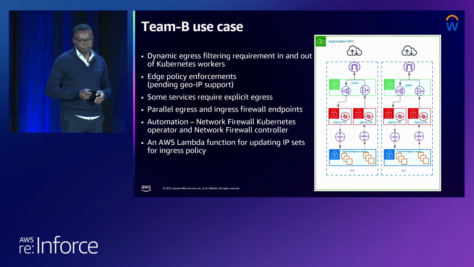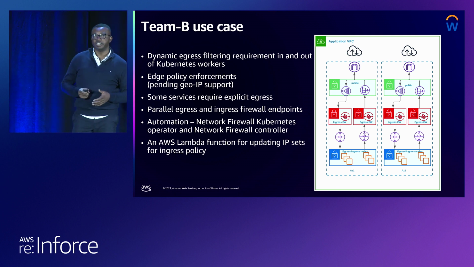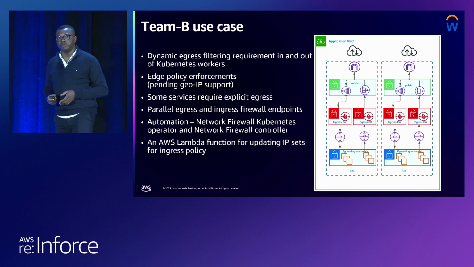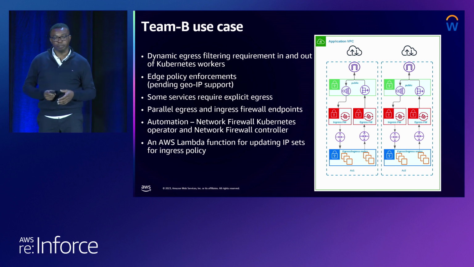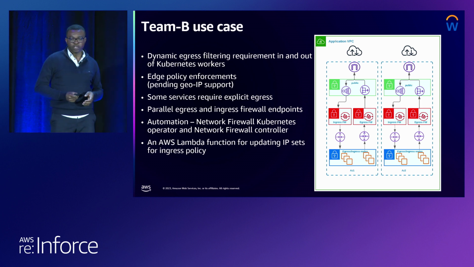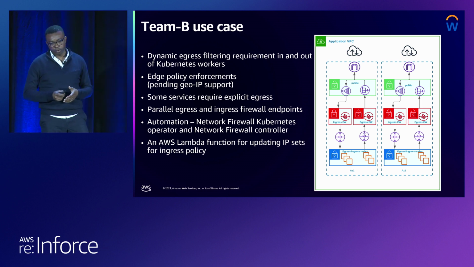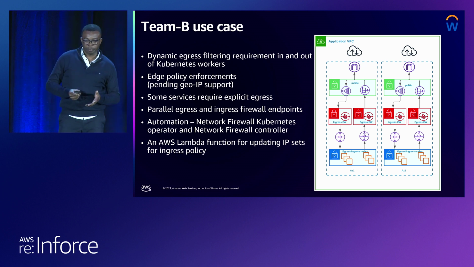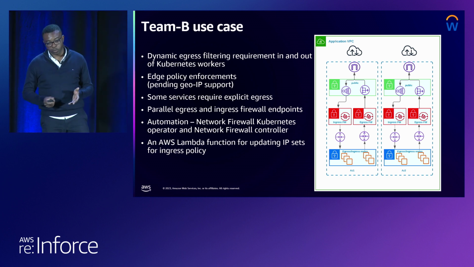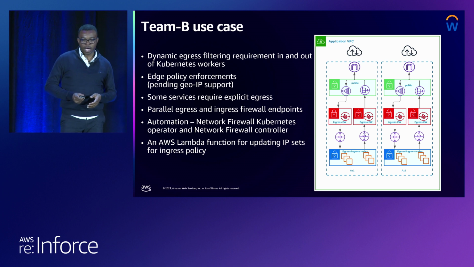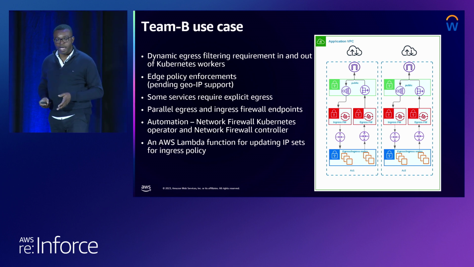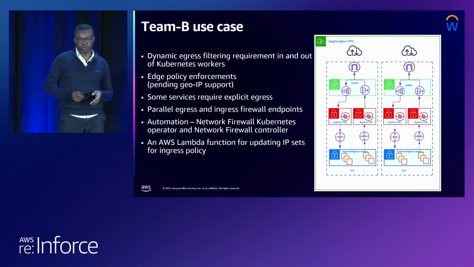This other team manages the platform for installing software based on Kubernetes and Helm. So you will expect that there will be different types of worker nodes within their infrastructure. Their use case is outbound filtering based on the real IPs, and then inbound filtering from the internet based on the real IPs as well.